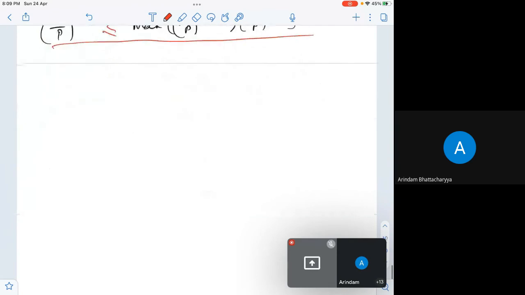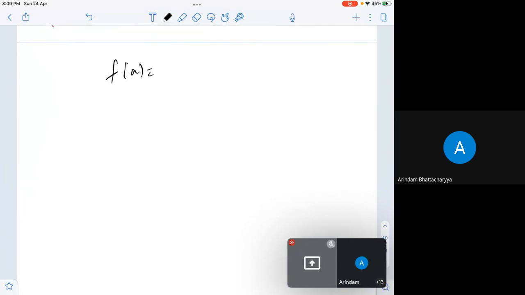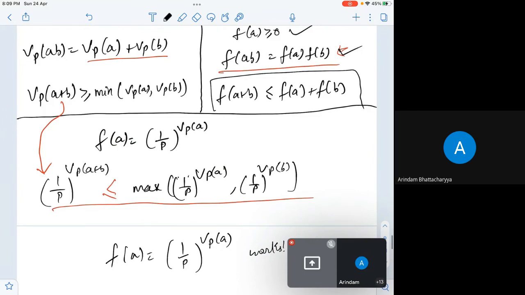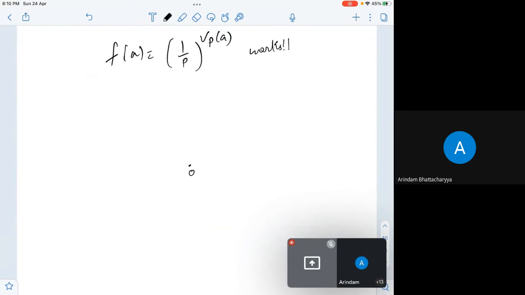Great. So f(a) is equal to (1/p) to the power v_p(a). Sure, that was good. How does that help us? So what does this look like? You have 0, and then at a distance 1/p, let's fix p equal to 2.